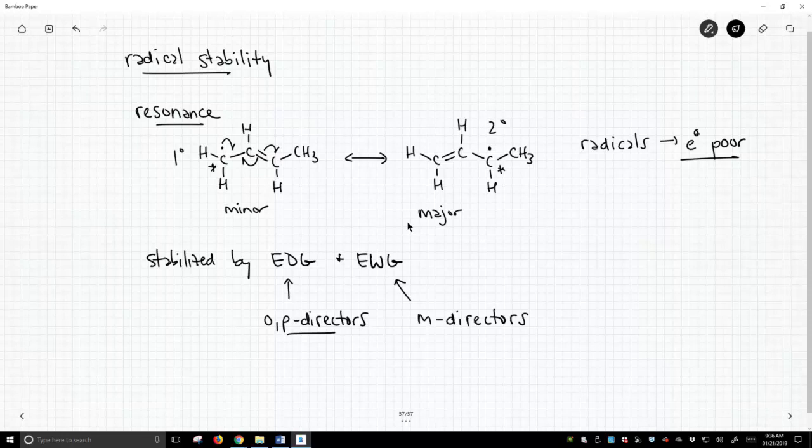So, things we learned that were electron donating back in our aromatic chemistry are still electron donating as we look at other branches of chemistry. So, you can affect the stability of a radical. It's not just degree of substitution. Ideas such as resonance are still important, and actually either electron donating or withdrawing groups will also stabilize a radical.